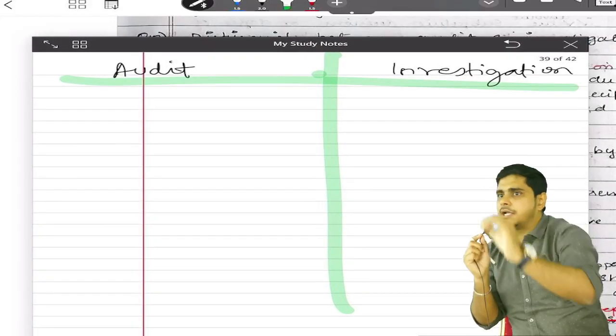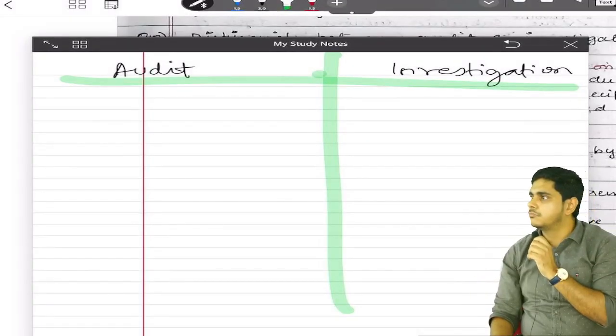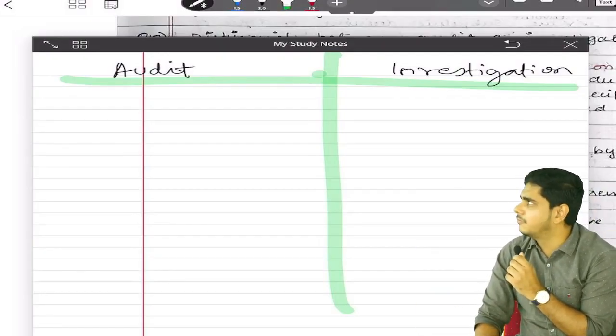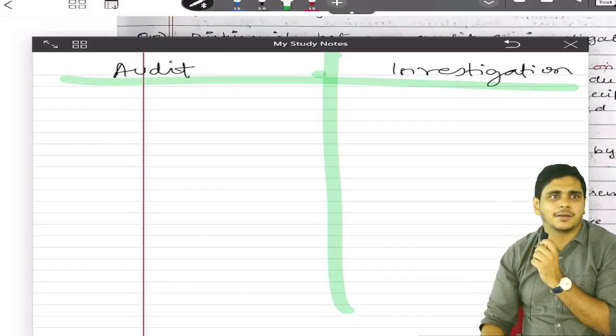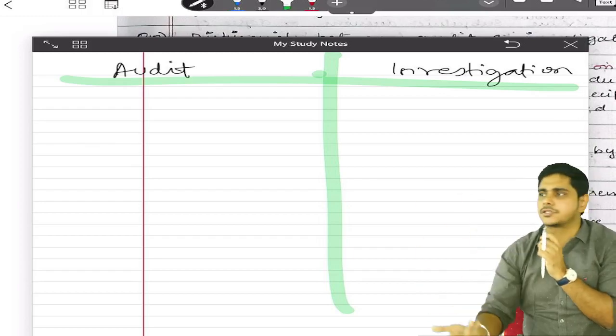Use your little tiny brain and tell me, how will you distinguish the two things? Can somebody answer any point? What is the difference between auditing and investigation?